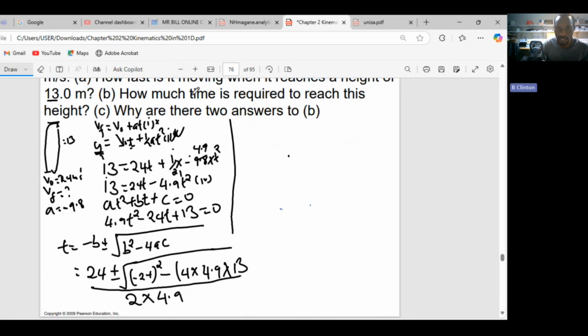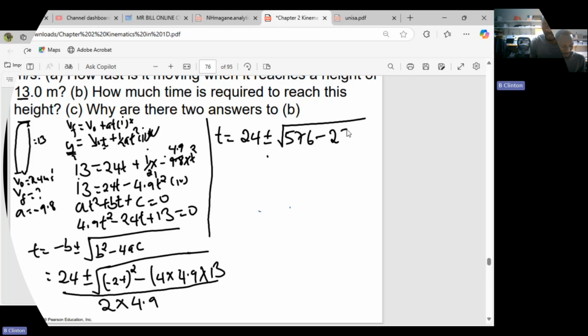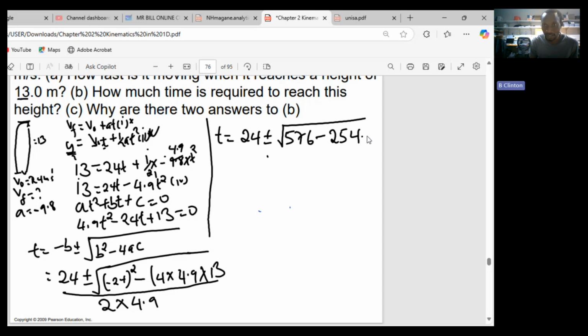We can then proceed and say our t is equal to 24 plus or minus, now 24 squared, minus 24 squared is going to give us 576, and we have minus 154.8, and everything under 9.8, because 2 times 4.9 is 9.8.